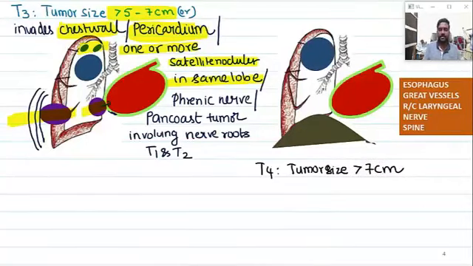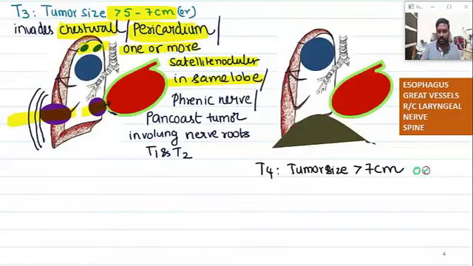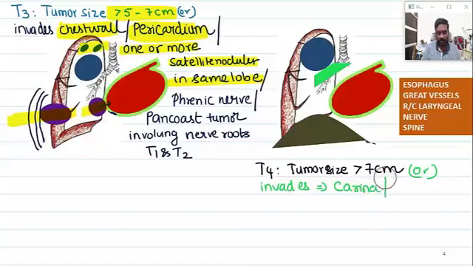So it is a large tumor, or tumor invading the carina. Previously only the pericardium was involved. So now the heart is directly involved.